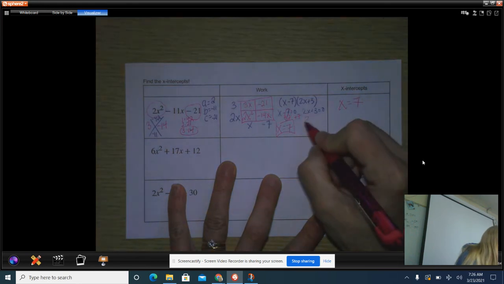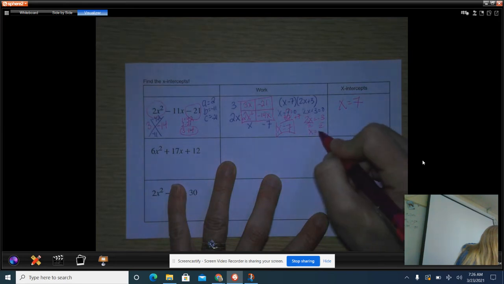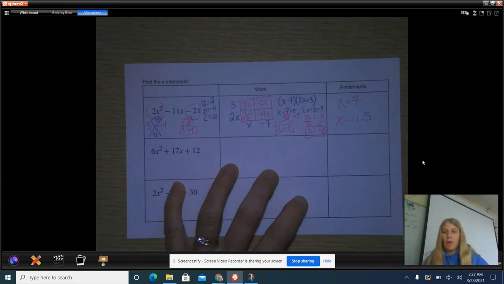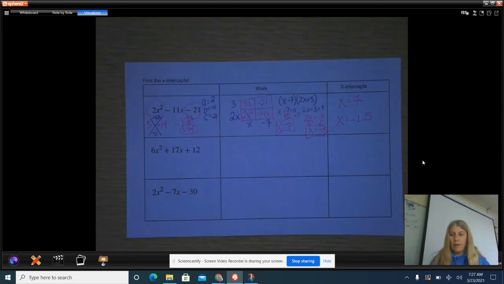And our second x is going to be at negative 1.5. Okay, and I know that those are my x-intercepts. Now, if I want to find the vertex next, I'm going to add them together and divide by 2. That'll be my x value, and then plug that back into the original equation to find my y.